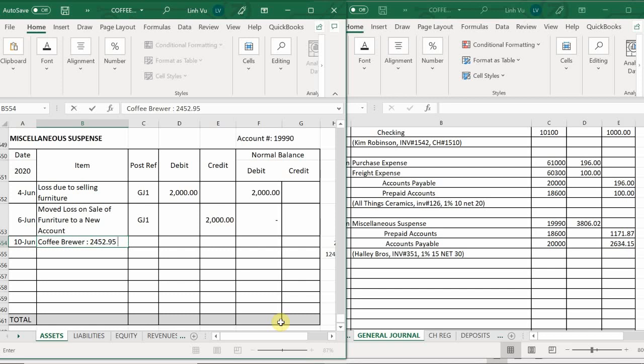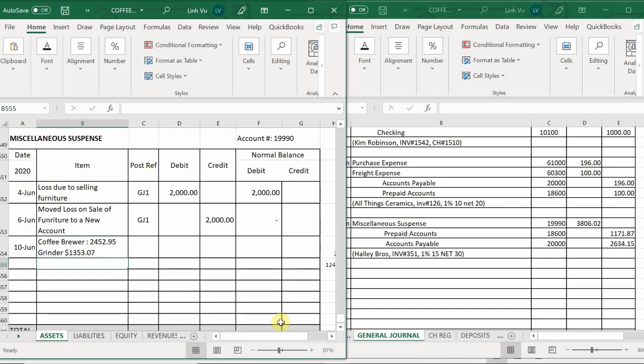And my coffee grinder with tax is $1,353.07. Okay, right into my notes right there. And in this case, we are still on the third journal page.